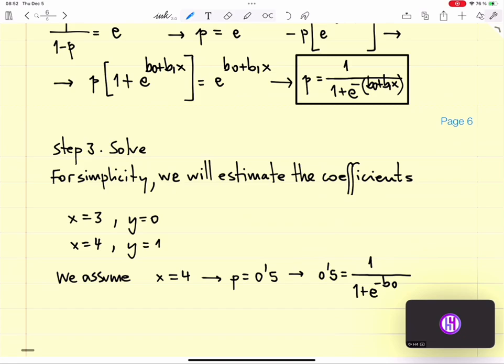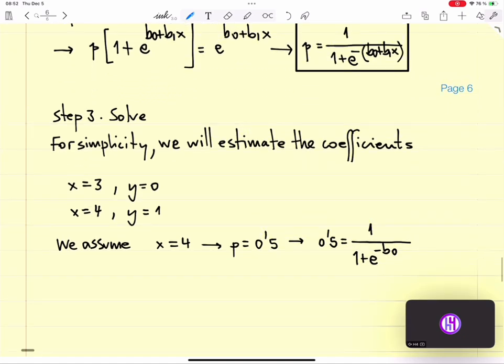And when x equals 6, we assume p equals 0.9.